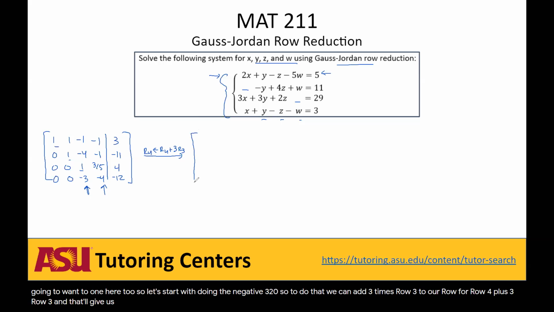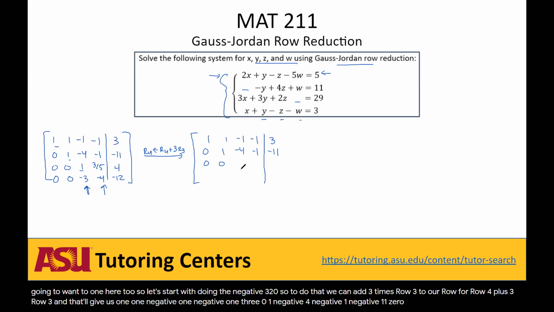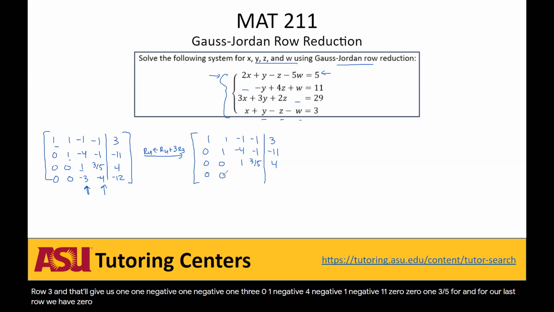And that'll give us 1, 1, negative 1, negative 1, 3, 0, 1, negative 4, negative 1, negative 11, 0, 0, 1, 3/5, 4, and for our last row, we have 0, 0, and then negative 3 plus 3 is going to be 0, and then negative 4, so we'll write this one below.